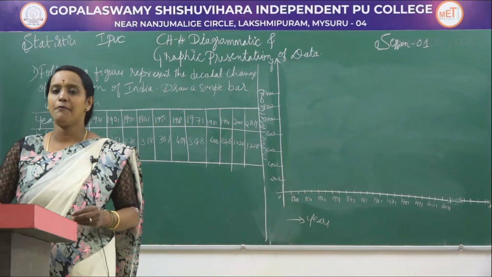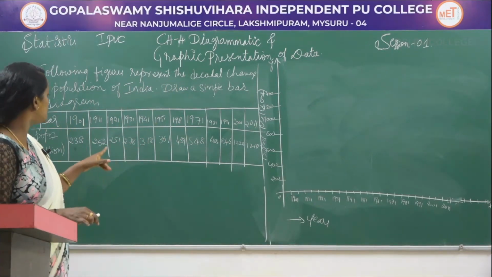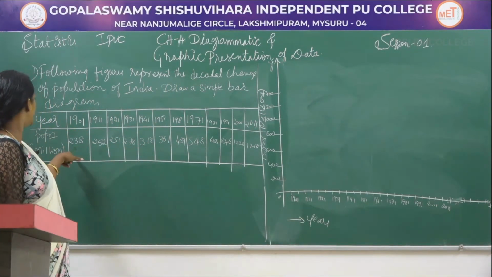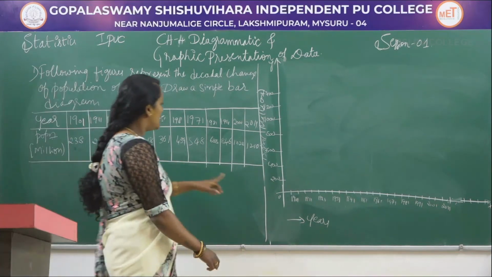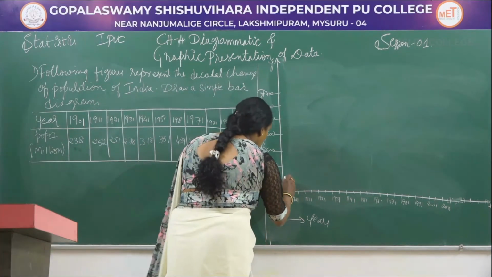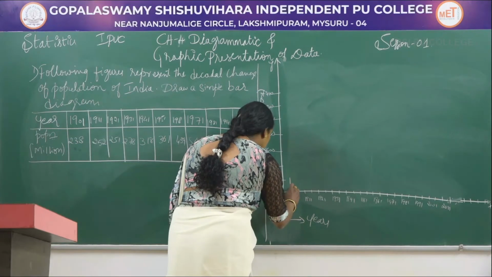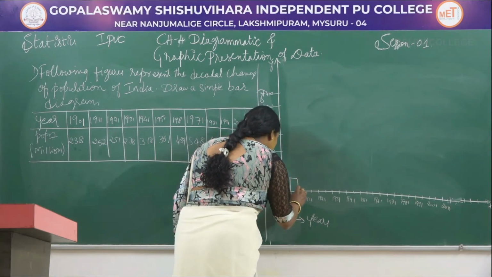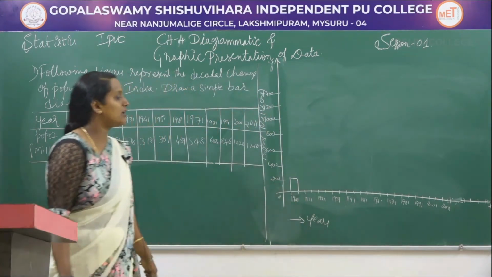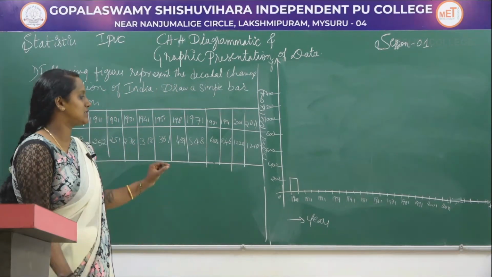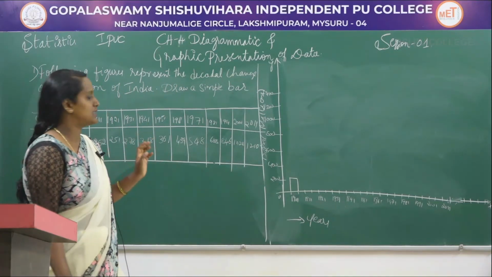Next we have to draw the bars. You see here in 1901 the population is 238, approximately it will come here. In your graph you can give the exact bars.